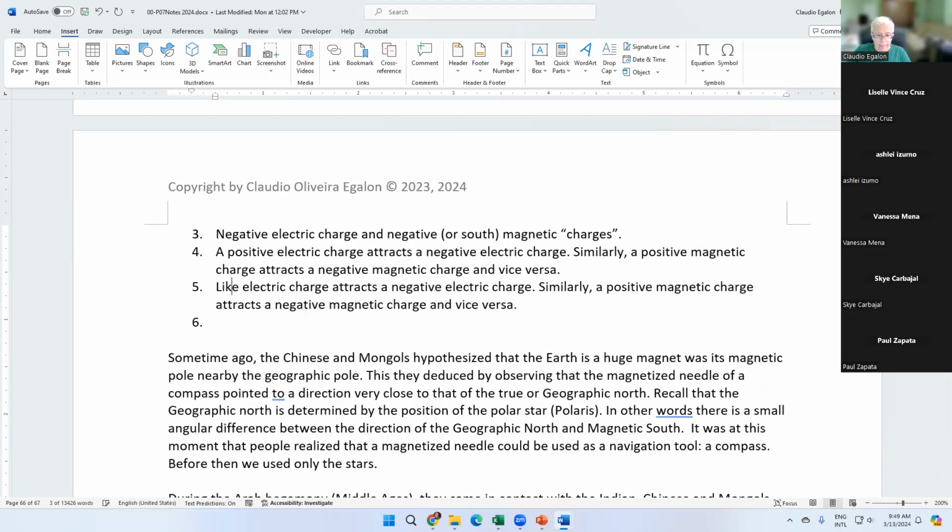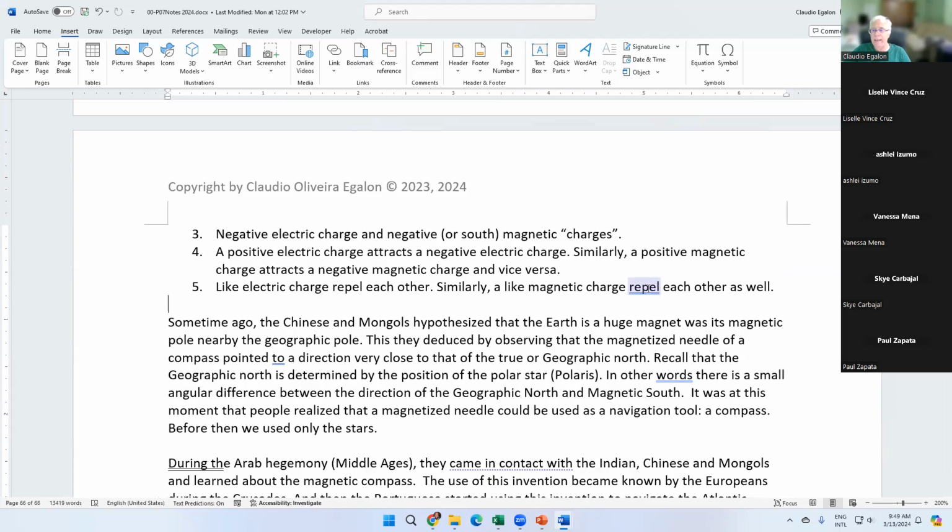Like electric charges repel each other, right? Similarly, like magnetic charges repel each other as well. So there are lots of similarities between the magnetic and the electric force.